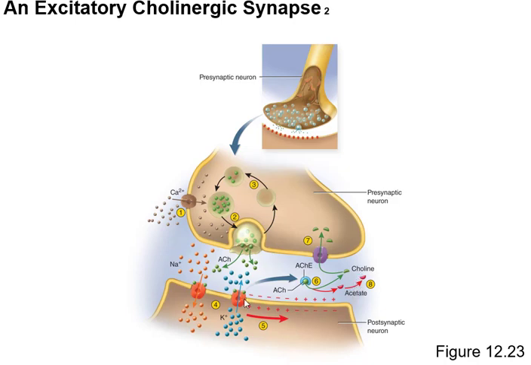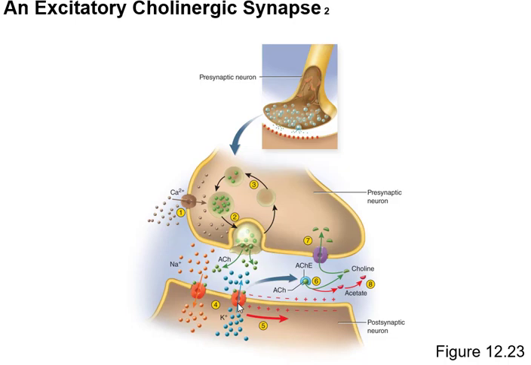And once it's done that, then it will not sit on this post-synaptic membrane. It won't allow the sodium potassium to be rushing back and forth across the membrane anymore. So it stops the chemical reaction that's occurring.